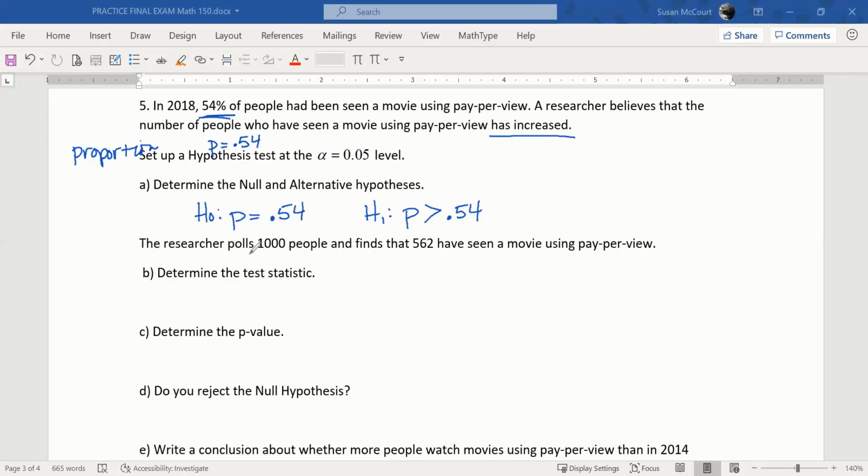Now it tells you the researcher polls 1,000 people. There's my N, and finds 562. That's the number who say yes. And we need to go on and use StatCrunch.